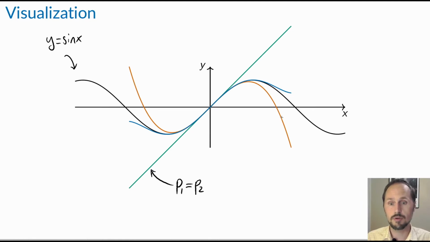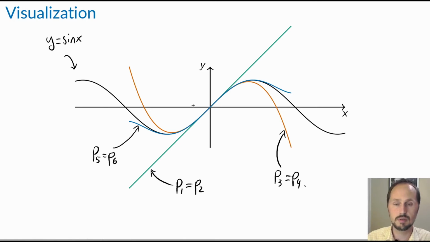And then the third order approximation is going to be this orange one, and that's P3, that's also P4. And then finally this blue one, that's looking really, really stunningly close to my function, that's going to be P5, which is the same thing as P6.